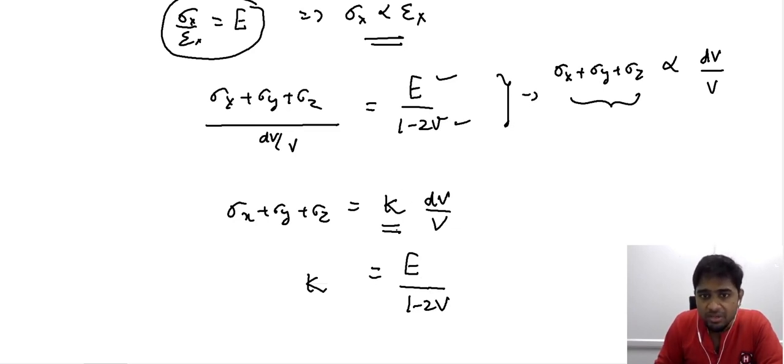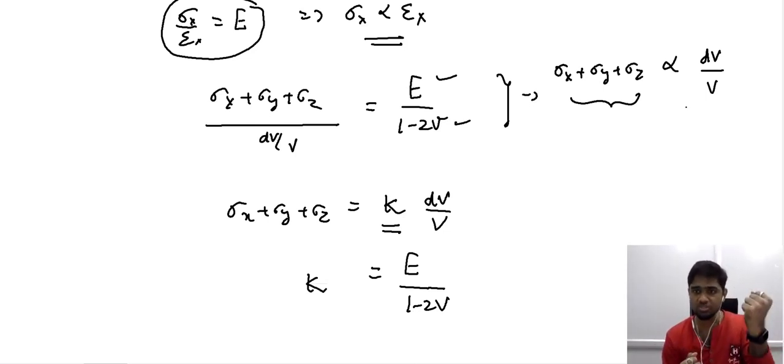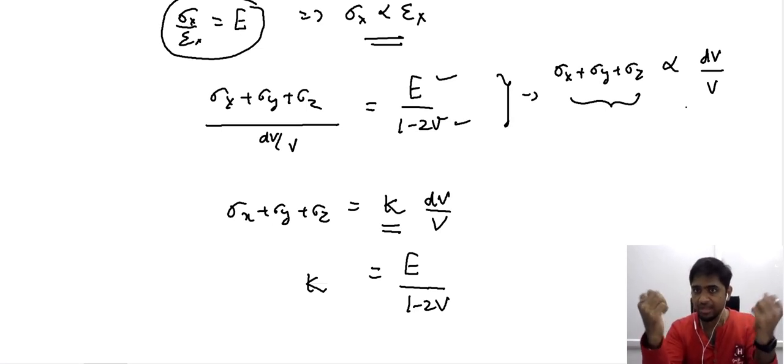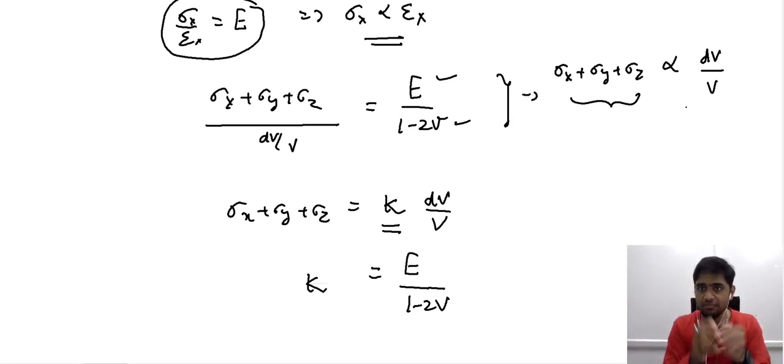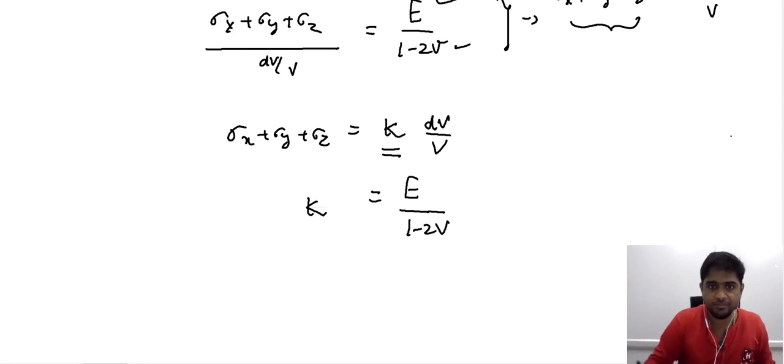The way we introduce this k is because we have arrived at a relation that shows the imposed stress is linearly proportional to the volumetric change, and to remove this proportionality, we introduce a proportional constant. Now we are able to arrive at an expression for this constant, and this constant is referred to as the bulk modulus.